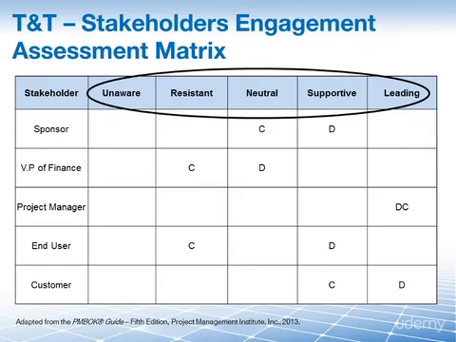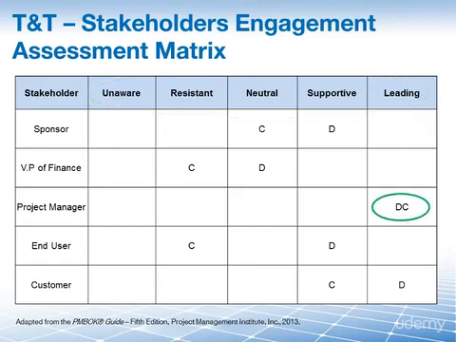So, for example, we as the project manager have both a D and a C in the leading column, which is usually a good thing because we as project managers want to be leading, we want to be champions of this project. So it's both desired and current that we are in this particular intersection there between leading and the project manager.